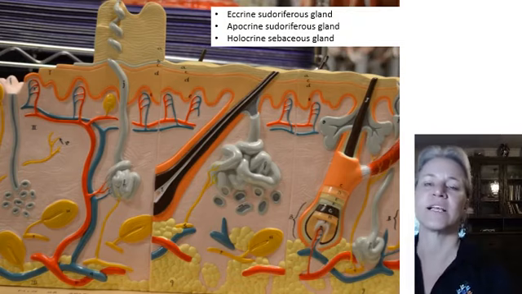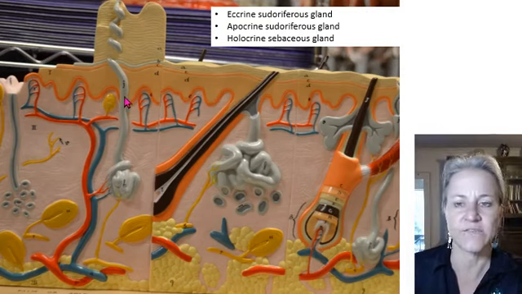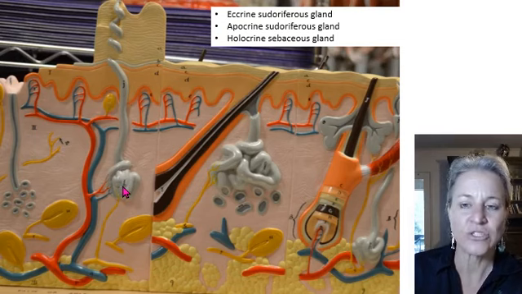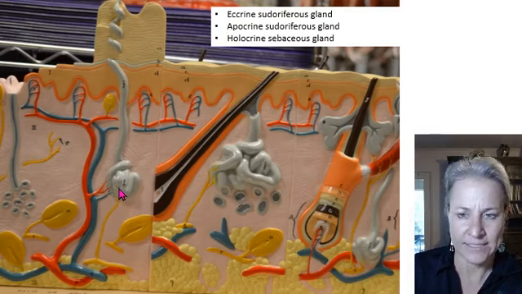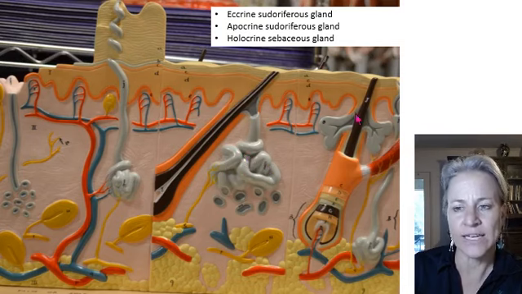Now let's talk about the glands. There are 3 different kinds of glands found in the dermis. This one is the eccrine sudoriferous gland. This one is the apocrine sudoriferous gland. And this one, associated with this hair, is the holocrine sebaceous gland.